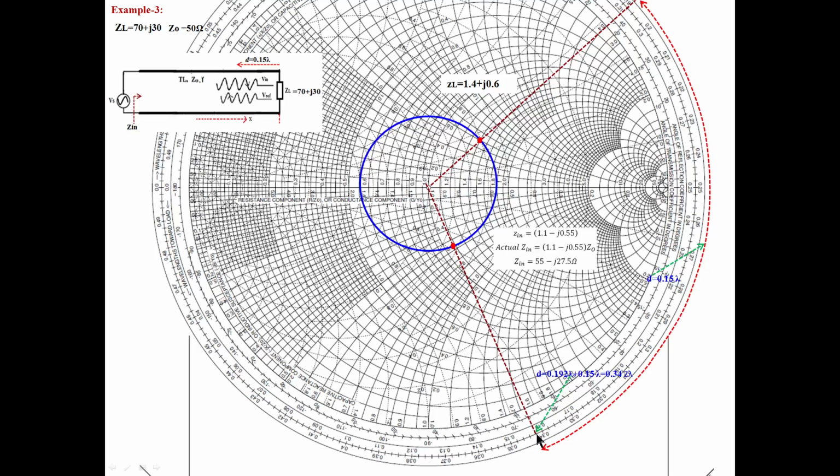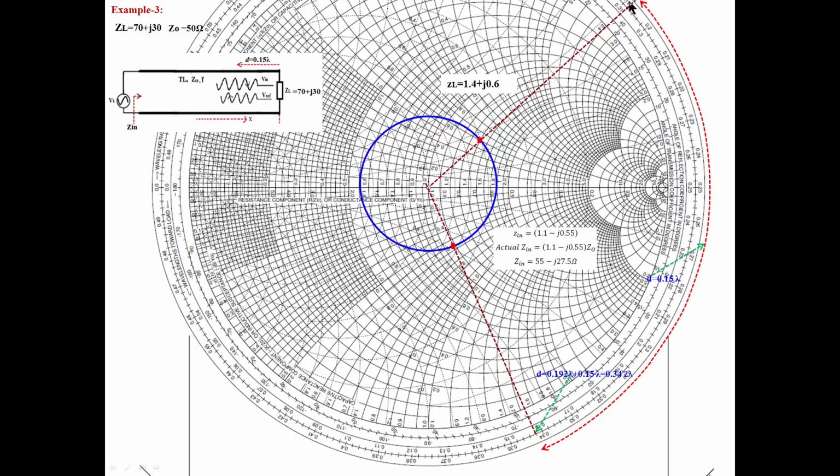You stop here, because now we have traveled a distance of 0.15 lambda, from here to here. We got this 0.342 lambda position because to the previous value we added 0.15 lambda, the distance we should travel.